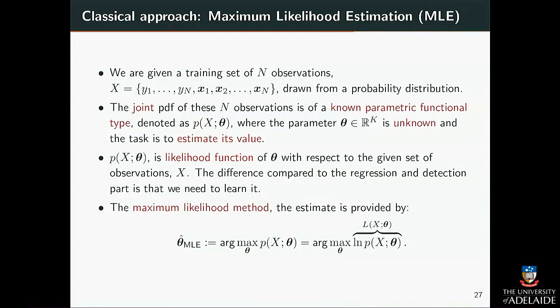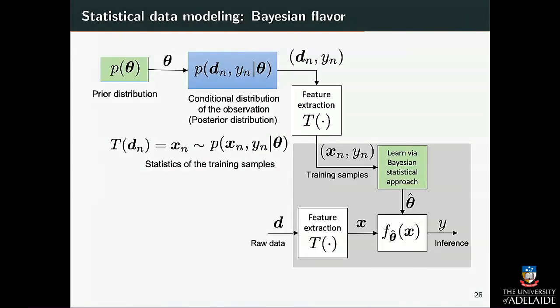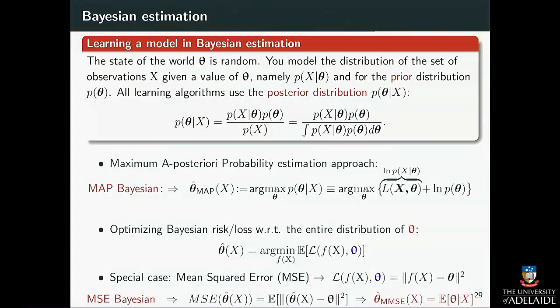So this is called the maximum likelihood estimator, which is the counterpart of the maximum likelihood detector. I mean, you're not detecting anything, you're just estimating a parameter, so this is going to be a continuous case. For the Bayesian flavor, instead, you actually have a prior. So here, this is very busy.